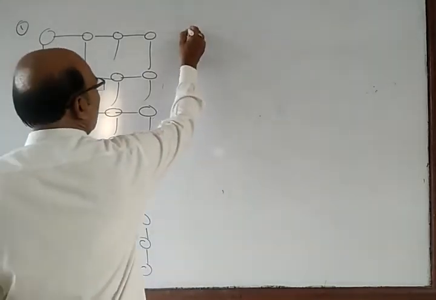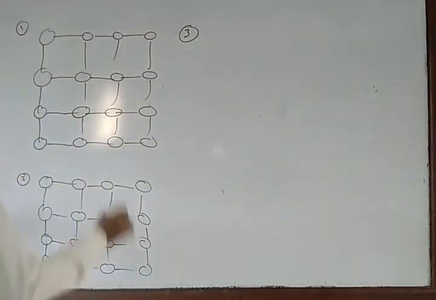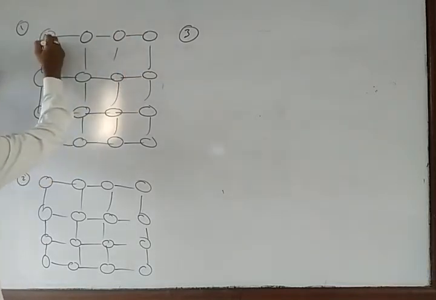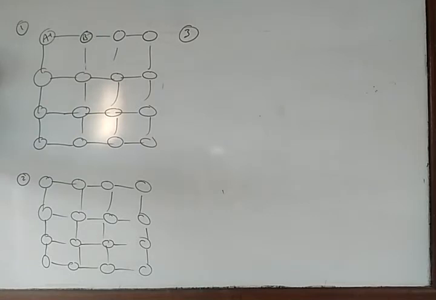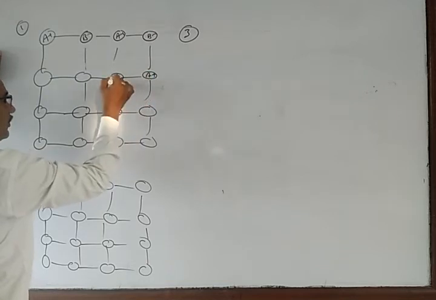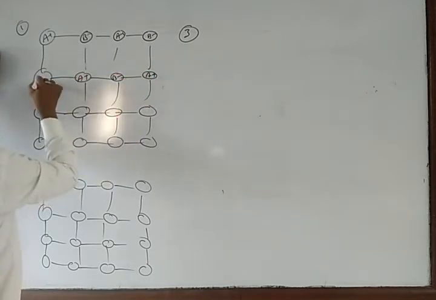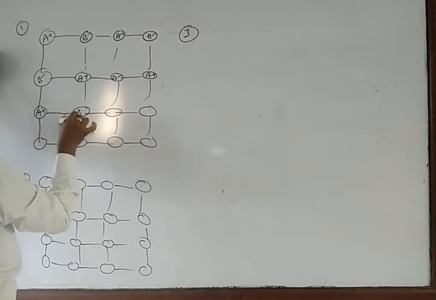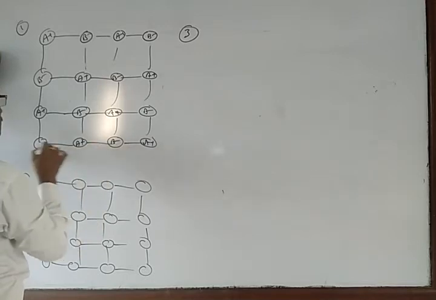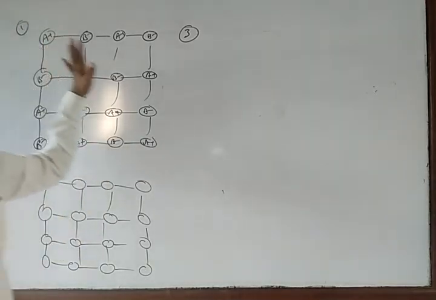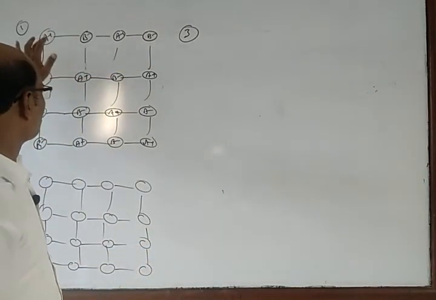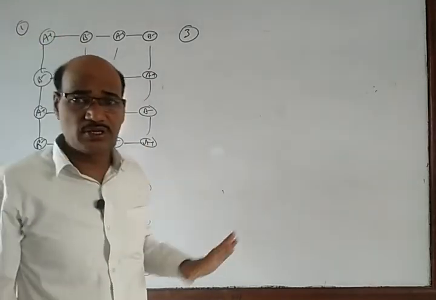Suppose I have the ionic crystal A plus B minus, A plus B minus, A plus B minus, and so on. Now this is the perfect crystal. Each point contains ions and they are equal in number.